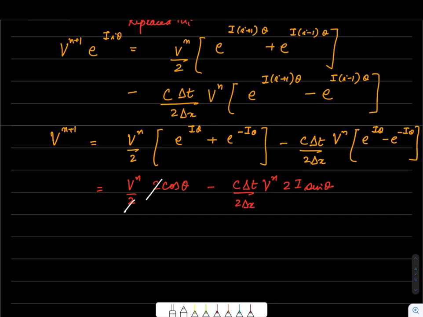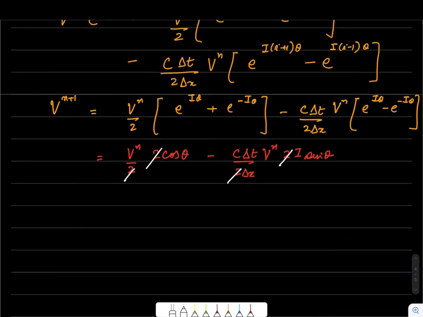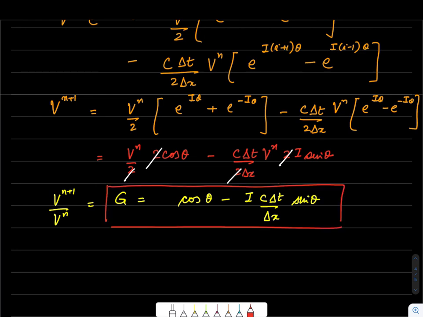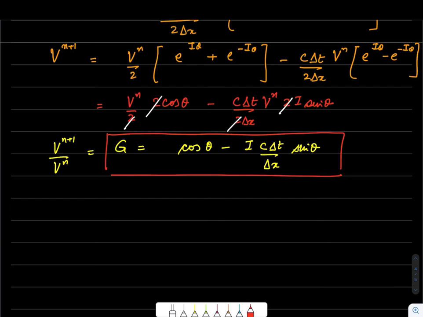So this 2 cancels here, this 2 cancels there, and so we can now write Vn plus 1 by Vn, which is the amplification factor, will be cosine theta minus i c delta t by delta x sine of theta. So this is the amplification factor for this scheme.